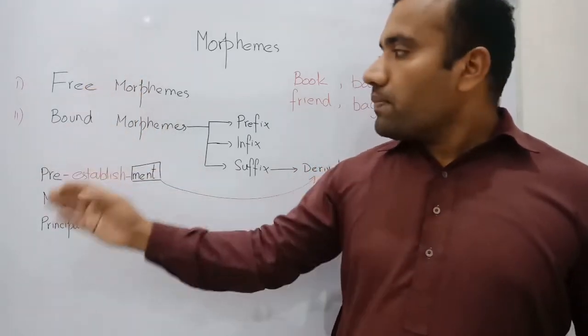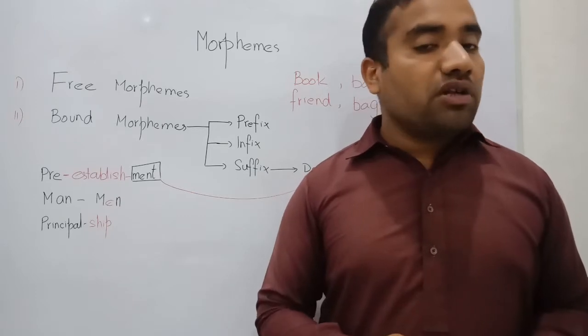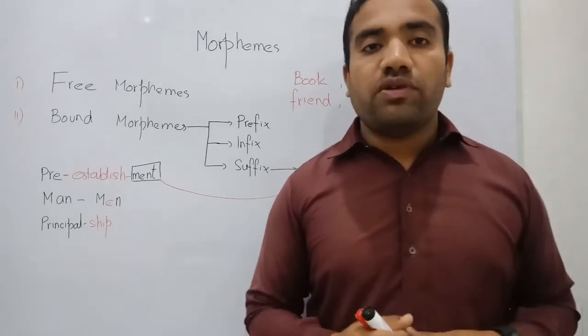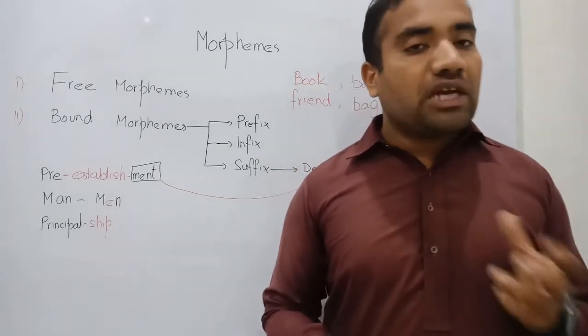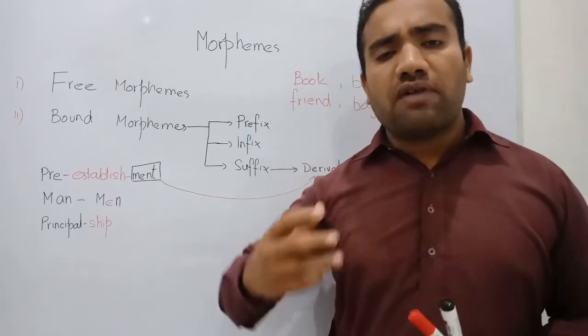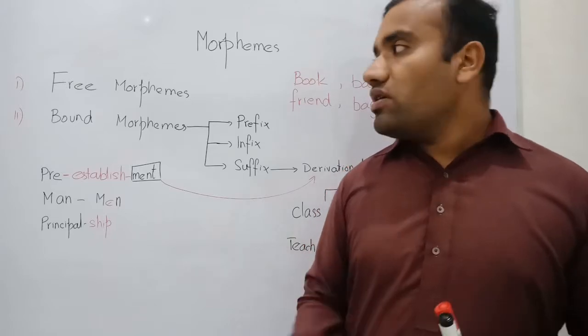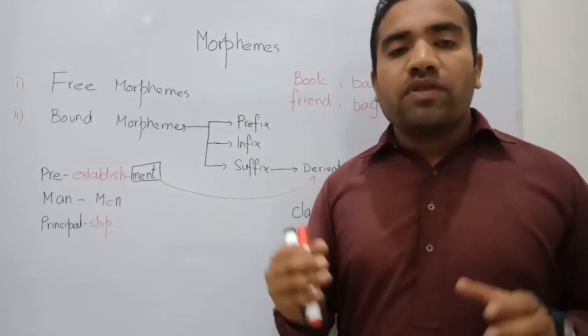In this video, I am going to tell you about free morphemes and bound morphemes. What are free morphemes? I have already told you about lexical morphemes. Free morphemes are just like lexical morphemes that can exist independently, that can freely occur everywhere in the sentence. These morphemes are called free morphemes.